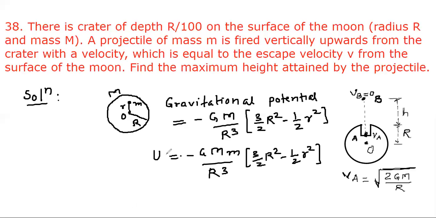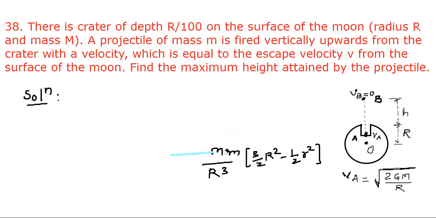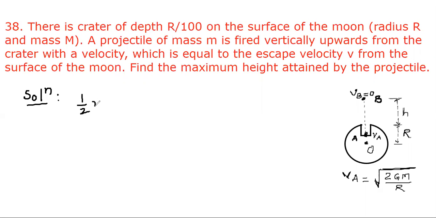Now we will make use of this concept in solving the given question. So let's proceed. Now we apply the energy conservation principle at point A and at point B. So at point A, total energy will be half m VA square plus gravitational potential energy, which must be equal to total energy at point B, that is UB.